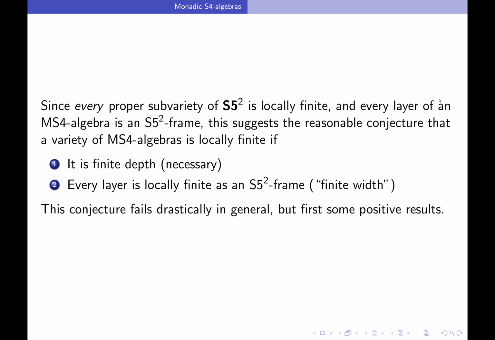So one might be led to this reasonable conjecture that if a variety is going to be locally finite, then it should be finite depth. That's definitely necessary, because if it wasn't, then already the S4 reduct would fail to be locally finite. You could just generate infinity in the S4 reduct. And so morally, you want to impose that you're finite depth and somehow finite width, which should say that the layers should form a proper subvariety of S5 squared, basically.